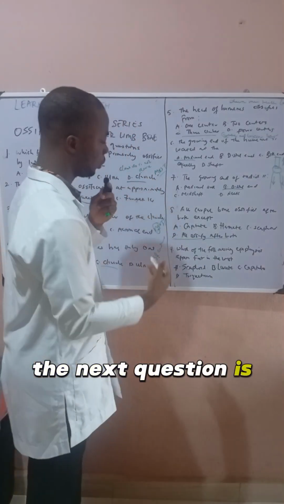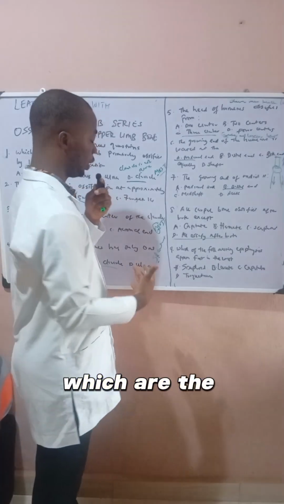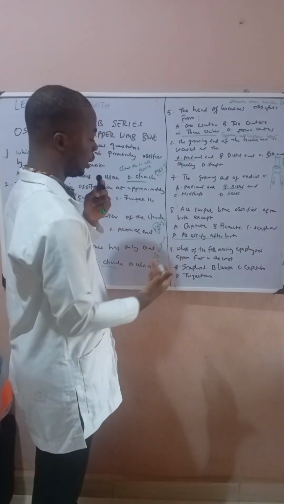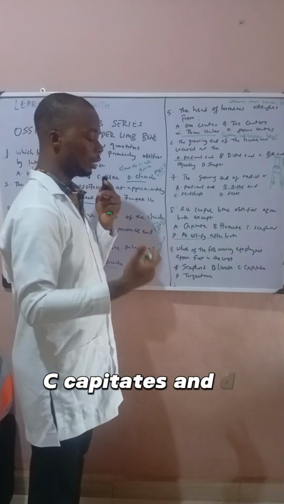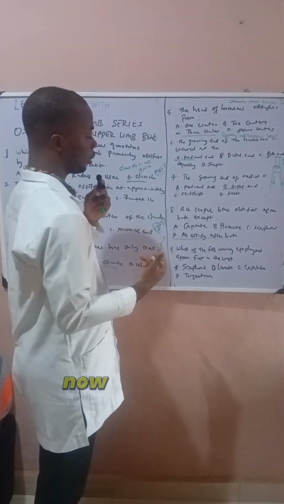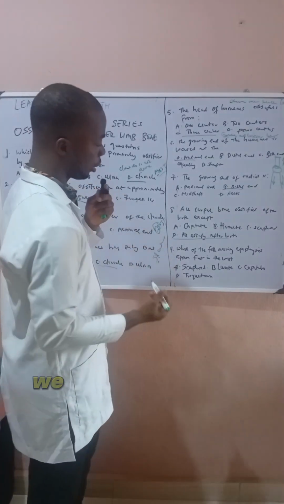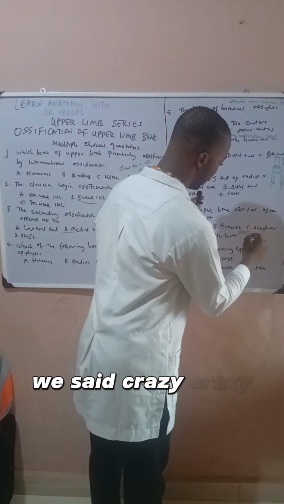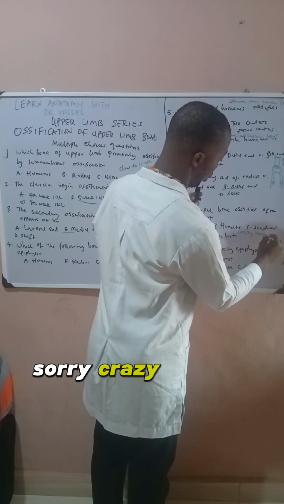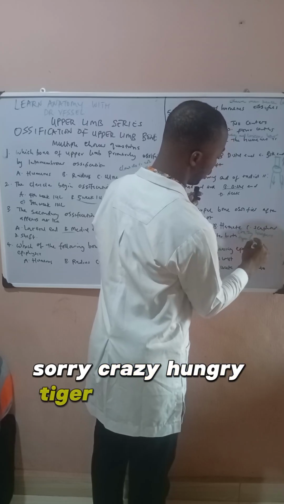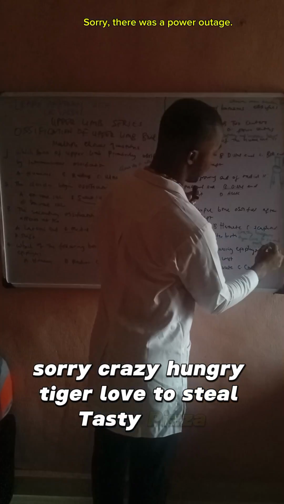The next question is, which of the following epiphyses appear first in the carpal bones? A. Scaphoid, B. Lunate, C. Capitate, and D. Triquetrum. Now, there's a mnemonic I gave in the last video on ossification of carpal bones. We said crazy hungry tiger love to steal tasty pizza.